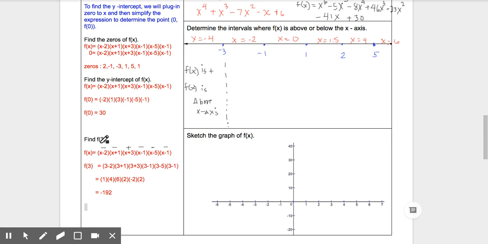So notice that we have 1, 2, 3, 4, 5 negatives. When we multiply an odd number of negatives, the result is negative. And then we multiply that by this positive, and the result is negative. So in this section, f of x is negative. And therefore, f of x is below the x-axis.